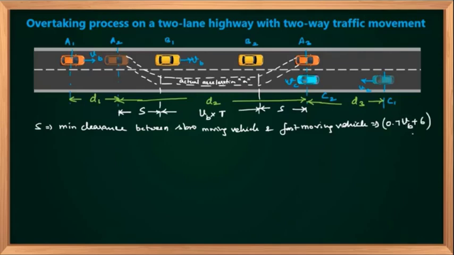This VB is in meter per second. If you want to convert this VB into kilometer per hour, what will you do? You will multiply it by 0.278. That is, divided by 3.6. That is, you will multiply by 1000 and divide by 3600. Is that clear?